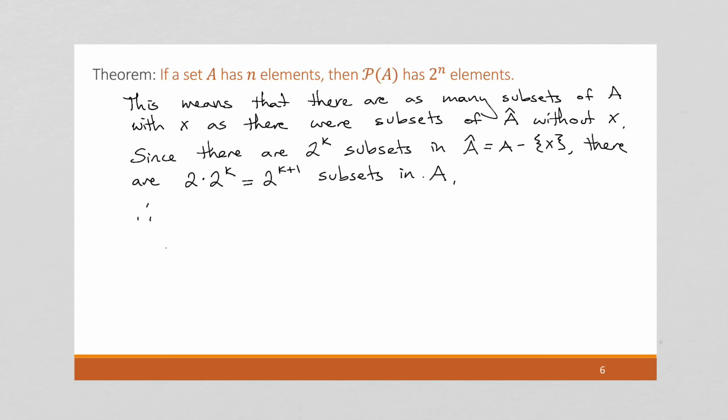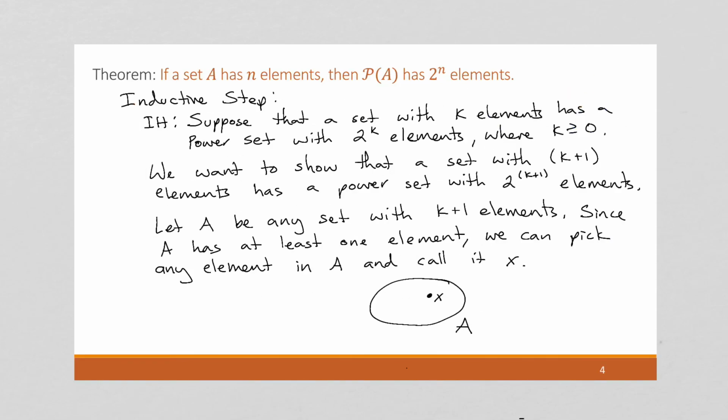So therefore, a set with k plus 1 elements has 2 to the k plus 1 subsets, which is what we were trying to show. Right?